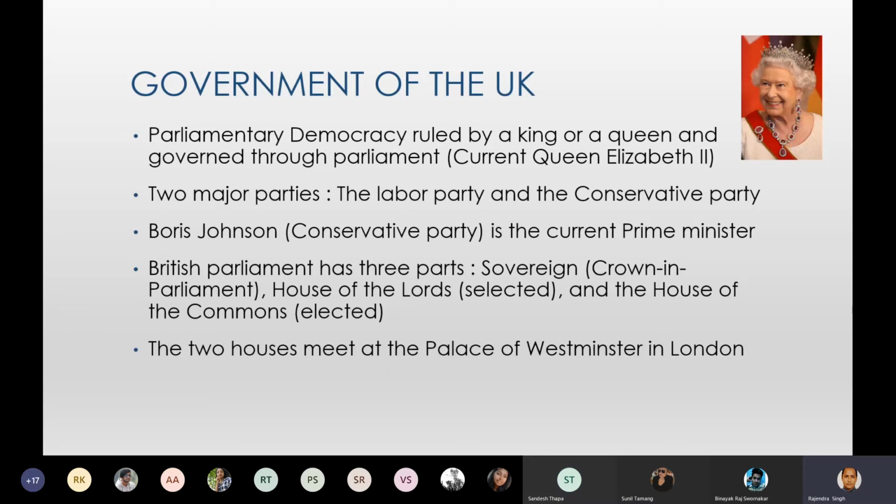Only very few people are given that title, those people who have contributed to British society. They get that rank, sir. But here we use sir for teachers or pretty much anyone, for any elder people. But there the term is reserved as a title, I would say.